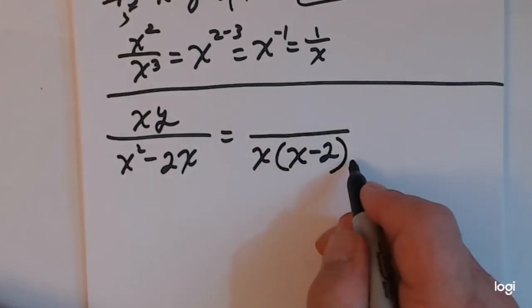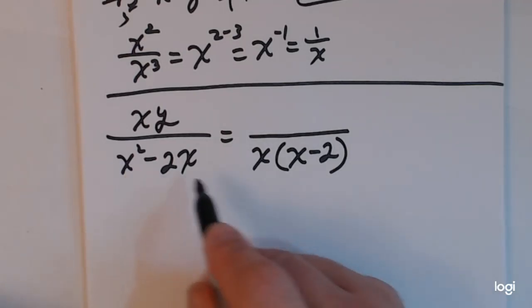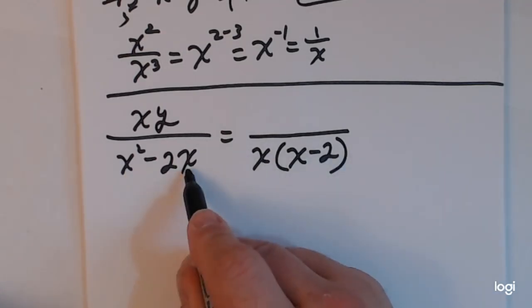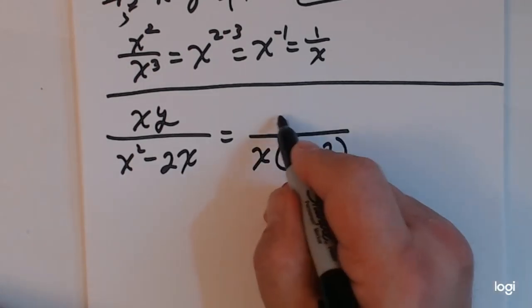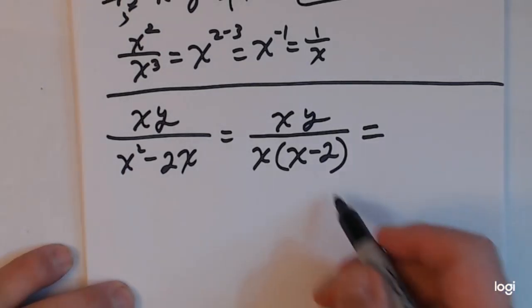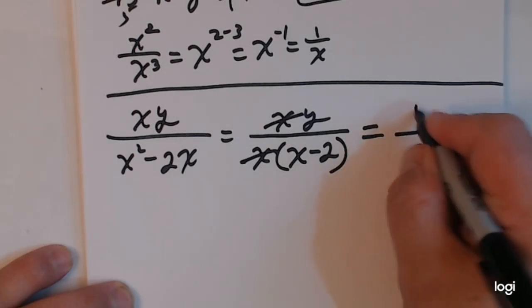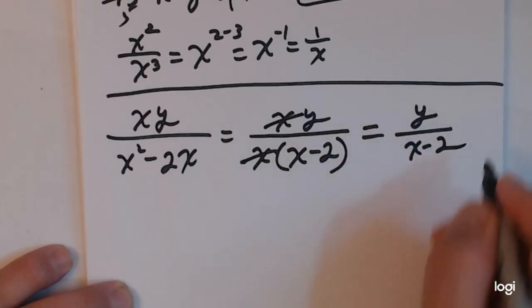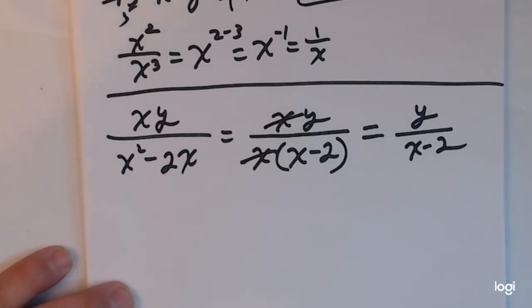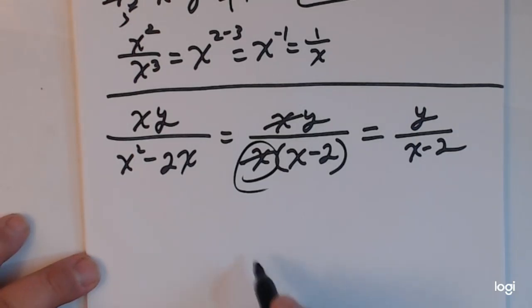And if we distribute the x back, x times x is x squared, and x times negative 2 is negative 2x, over x times y. Now we can clearly see that this x and this x cancel, and that leaves us with y over x minus 2. It looked a little harder than it was at first, but once you realize that you have to factor out this x, it becomes a very simple problem.